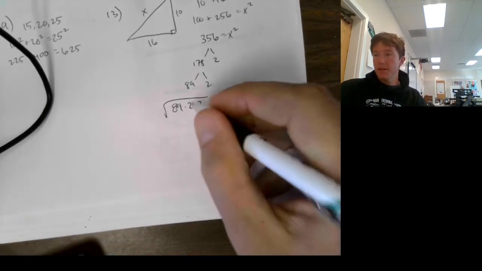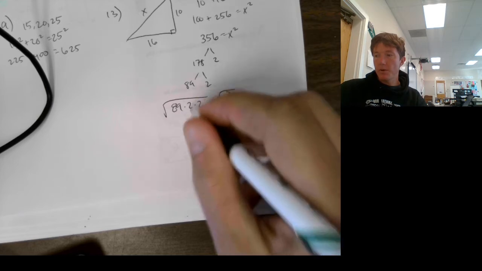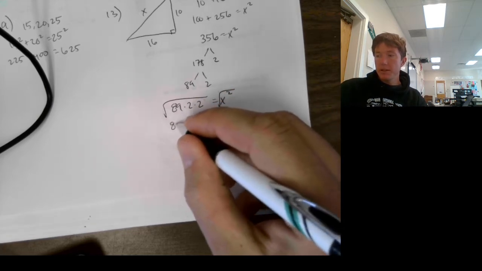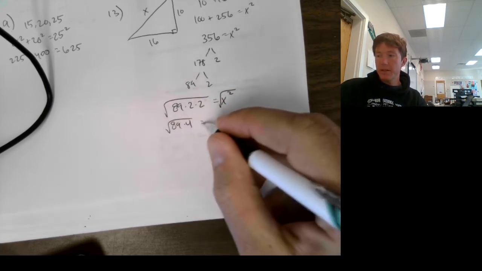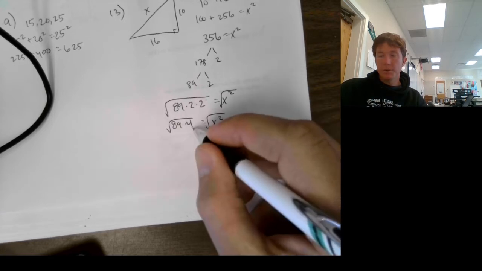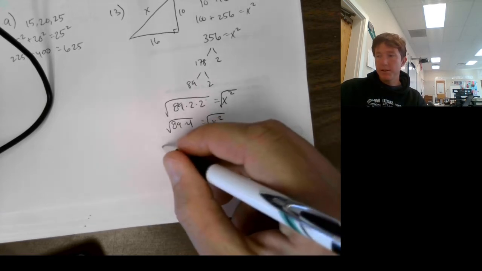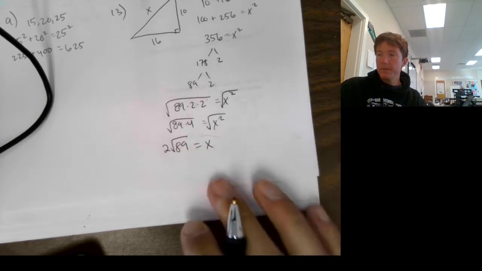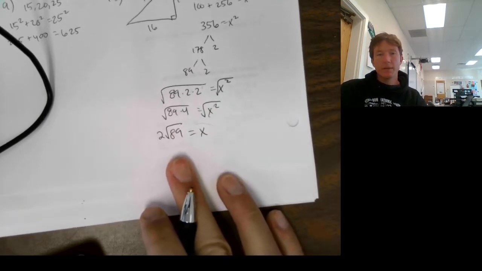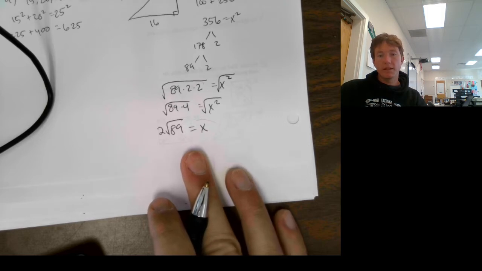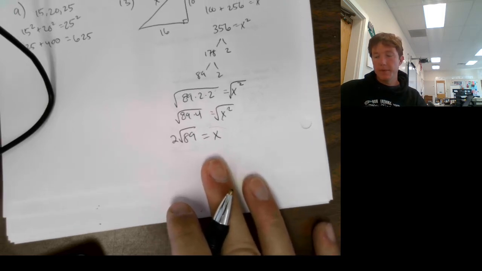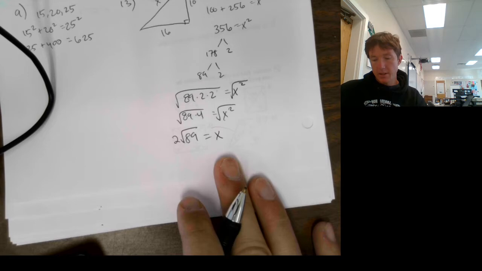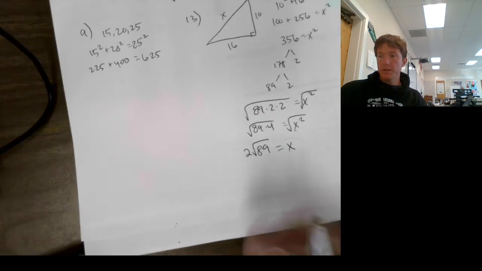Since I have two 2's, that's 4. So this is 89 times 4. I can take the square root of 4. That's 2 on the outside of that square root. So my answer is 2 times the square root of 89 is equal to x. Okay. Let's move on to the next one.